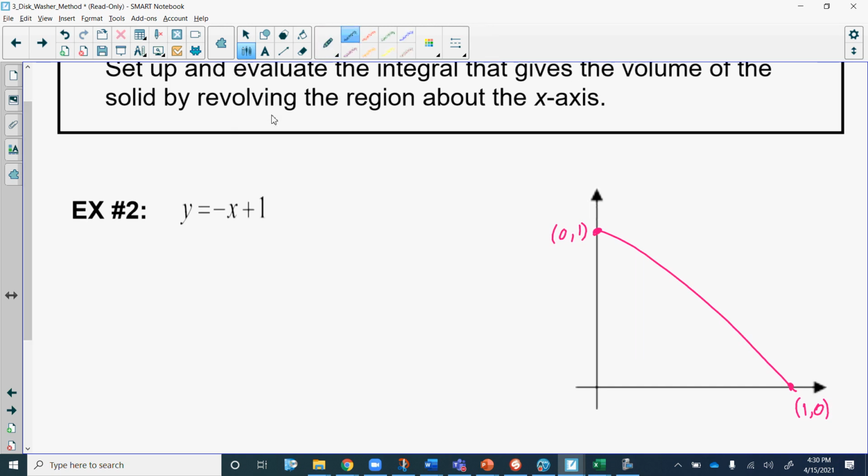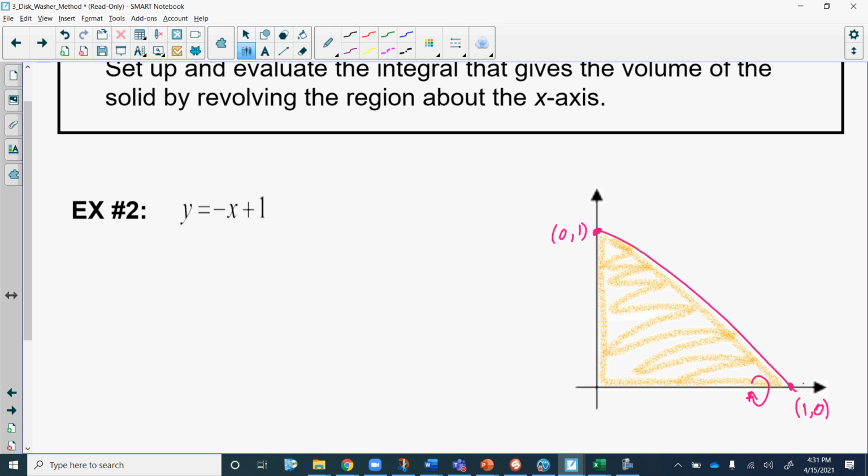The region that we're going to be rotating is going to be this region here. That's what we're going to be rotating, and we're rotating it about the x-axis, so it's going to be going this way, that way around the x-axis.